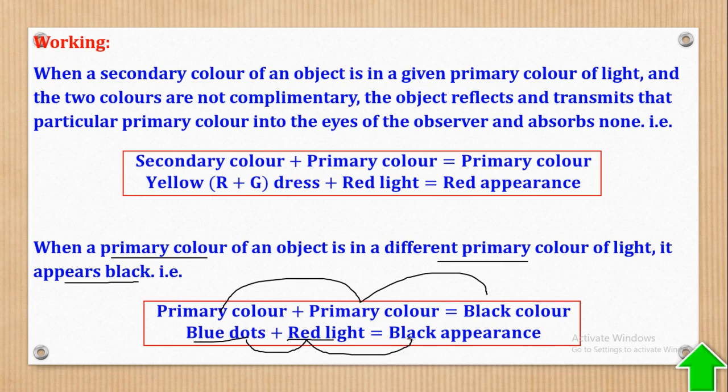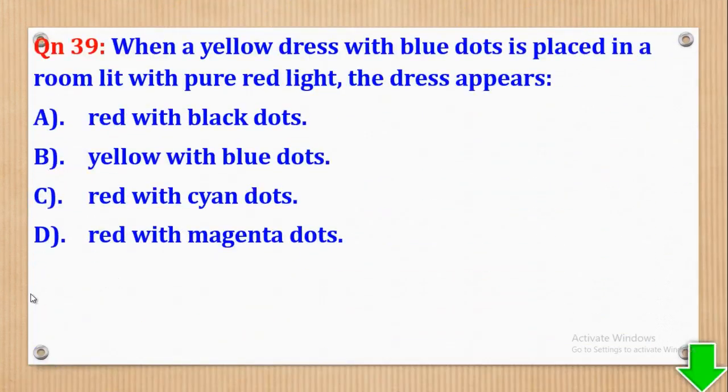So it means that the blue dots will appear black and the yellow dress will appear red. So let's see the correct option. The one which has red and black dots is the correct option, and that is option A.